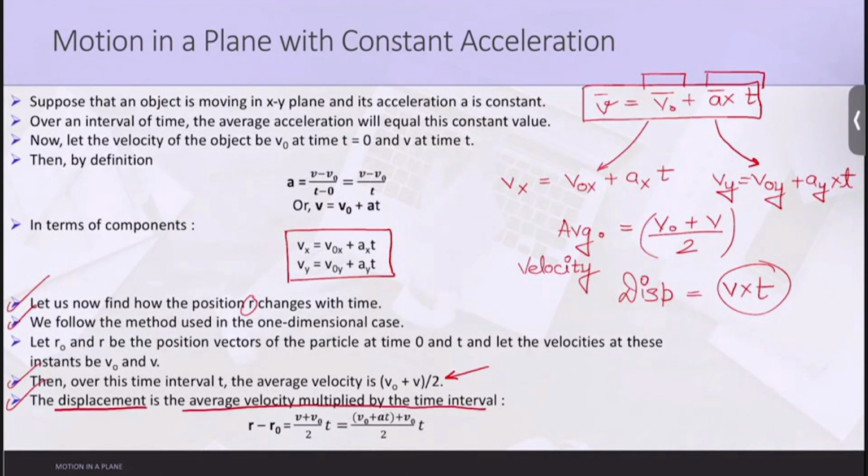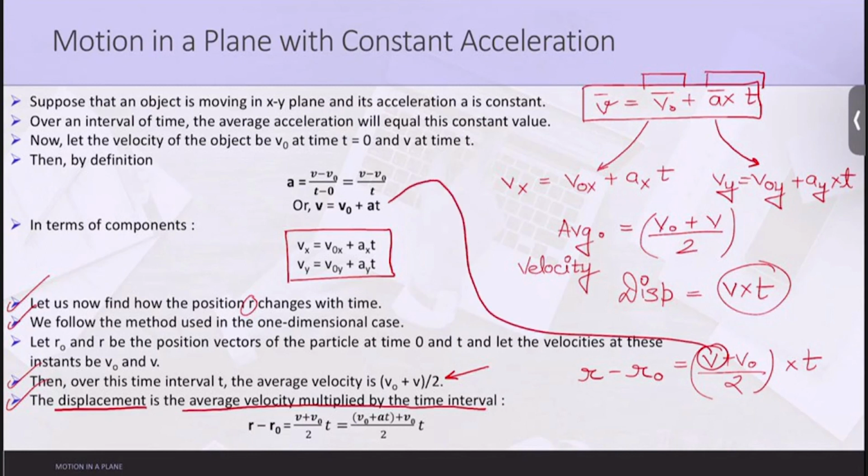Similar to the straight line case, where delta x is x2 minus x1, here the displacement vector will be r minus r naught. So r minus r naught is equal to the average velocity, v plus v naught by 2, into time.